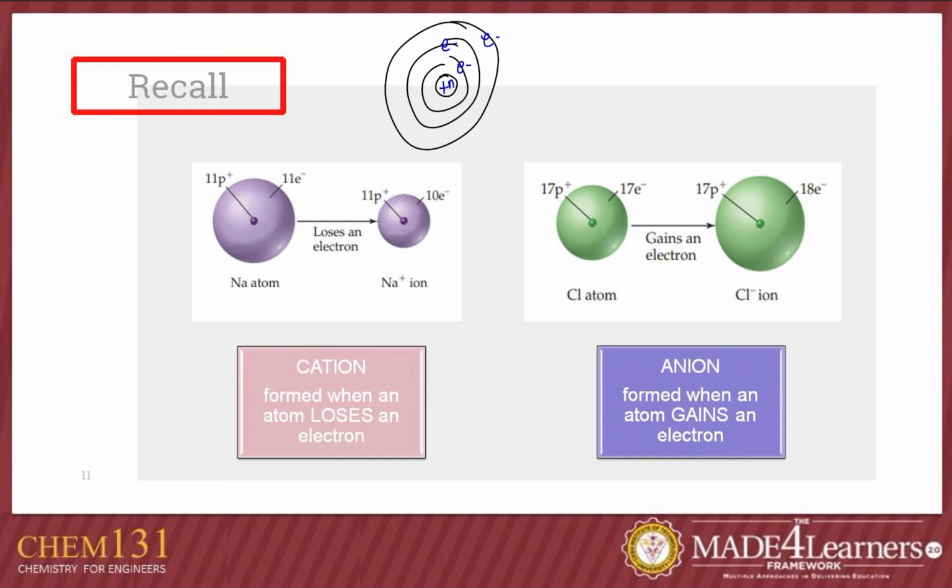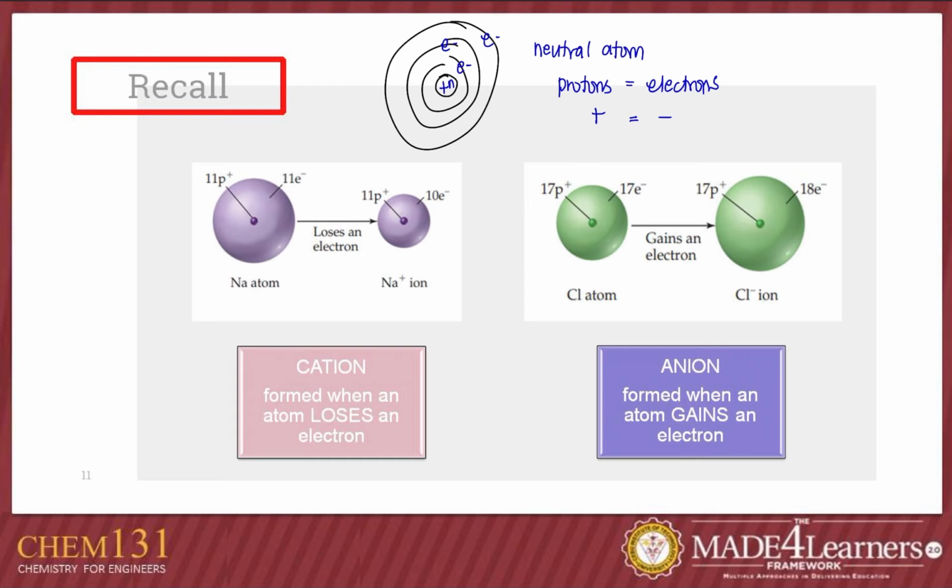Now, an atom could be neutral. A neutral atom means the number of protons is equal to the number of electrons. Protons are positive, and they are equal to the electrons, so the charge is 0.